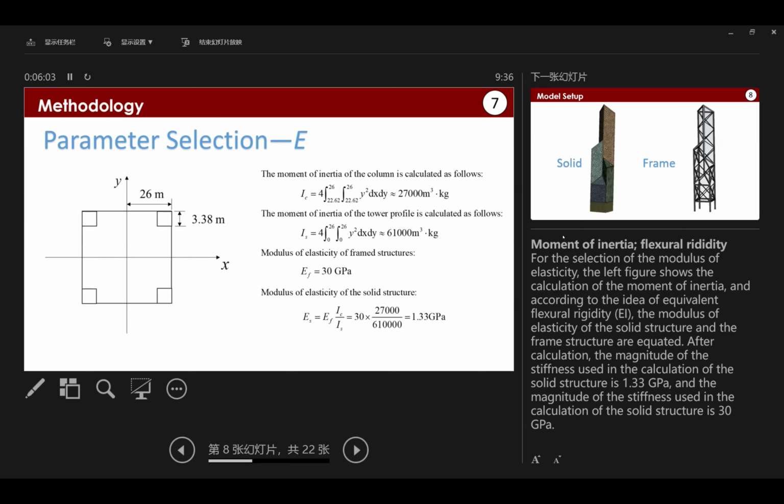According to the idea of the equivalent flexural rigidity, the elastic moduli of the solid structure and the frame structure are equated. And after the calculation, we can get the elastic modulus used for the solid structure, which is 1.33 GPa, and the elastic modulus used for the frame structure model analysis is 30 GPa.